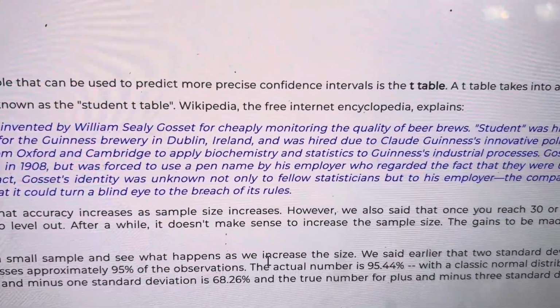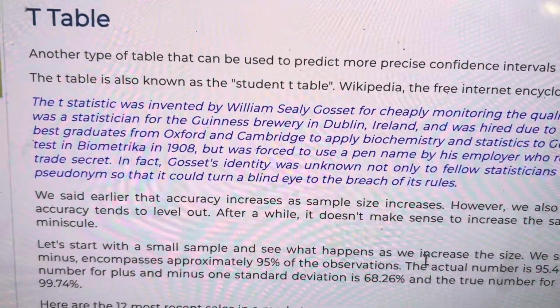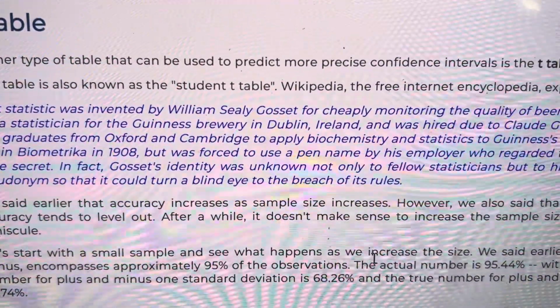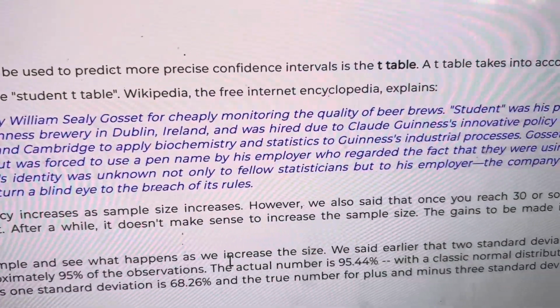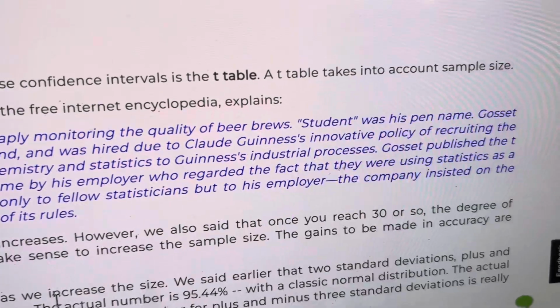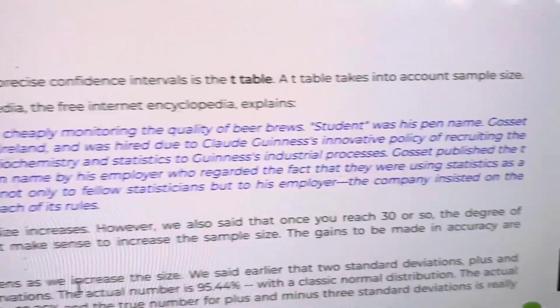Wikipedia, the free internet encyclopedia, explains: the T-statistic was invented by William Sealy Gosset for cheaply monitoring the quality of beer brews. Student was his pen name.